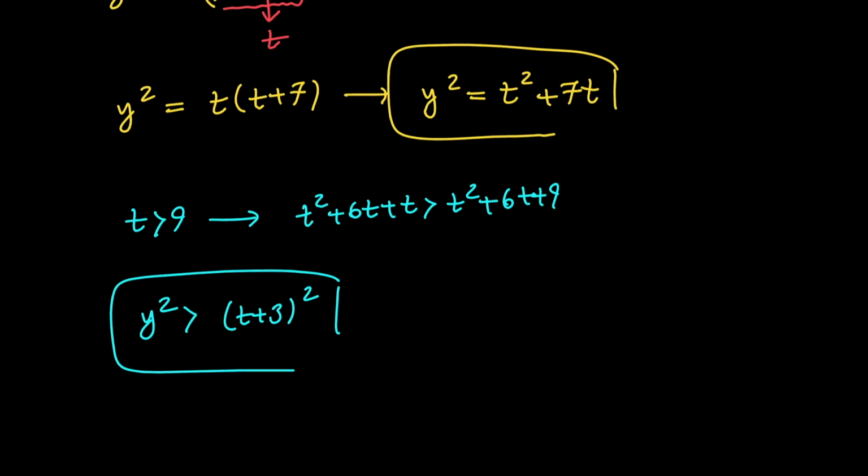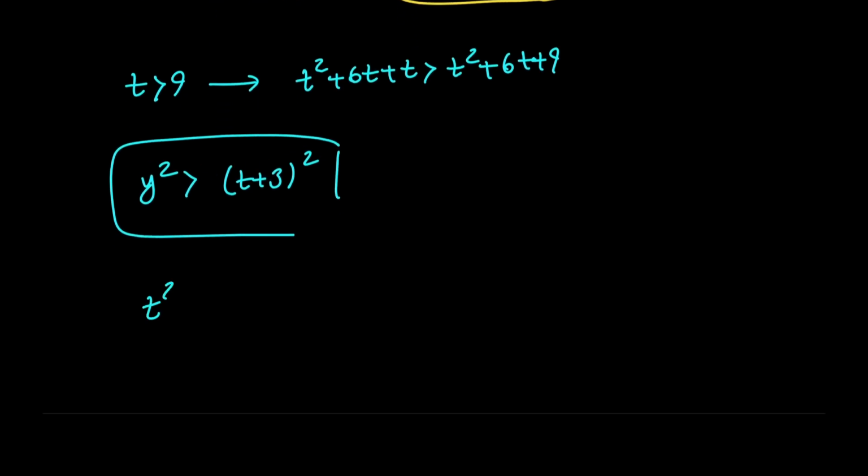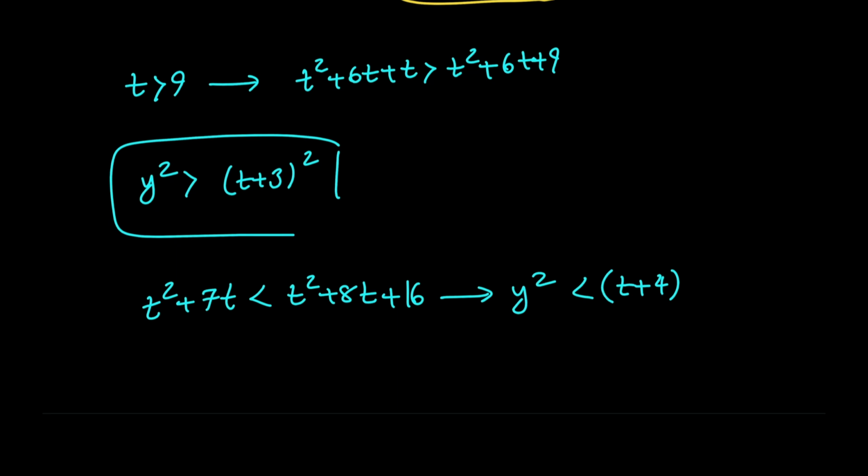Next, notice that if t is greater than 9, we can say that t squared plus 7t is less than t squared plus 8t plus 16. Again, t squared plus 7t is y squared, and t squared plus 8t plus 16 can be written as (t plus 4) all squared.